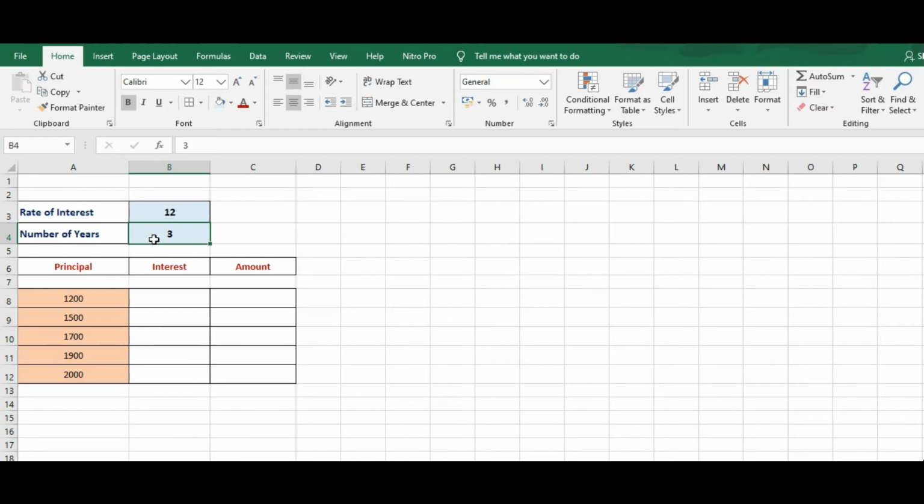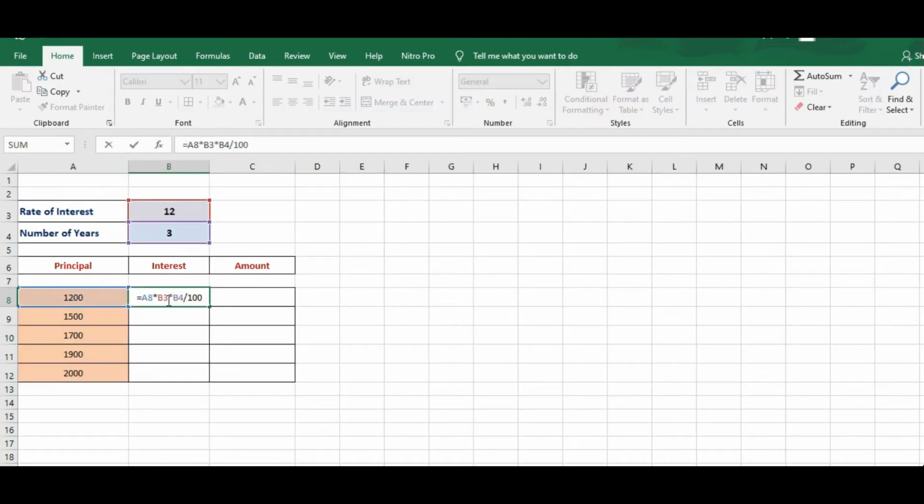The number of years and the rate of interest are fixed here. We have to calculate the interest and the amount according to the principal amount given to us. The formula for the interest will be the principal amount multiplied by the rate of interest multiplied by the number of years, divided by 100.